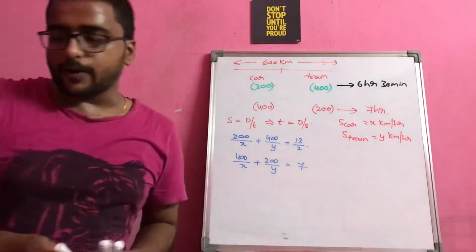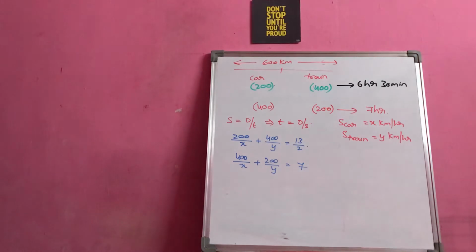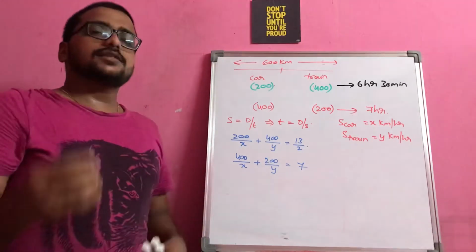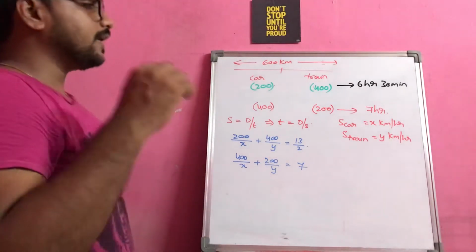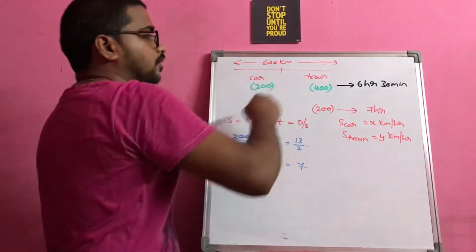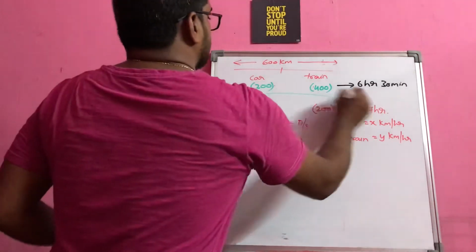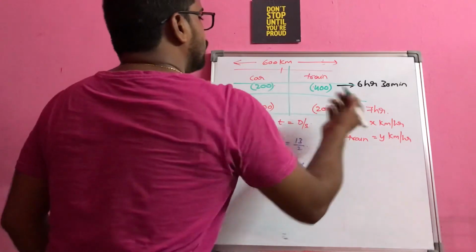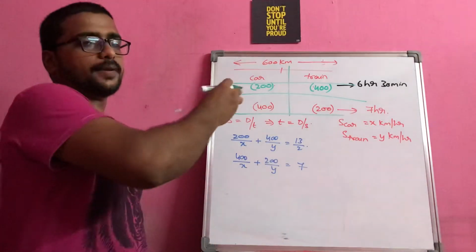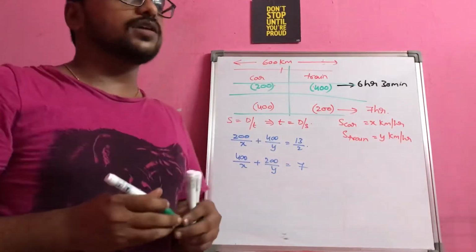The important point I want to highlight is that whenever you have different cases in the same question, please try to write them as a tabular column so that you get clarity on how to start the question. If it is in a paragraph, there is scope for getting confused. Instead, if you write it in a tabular column, you will get clarity on which number is applicable for which case. That will make your work simple.